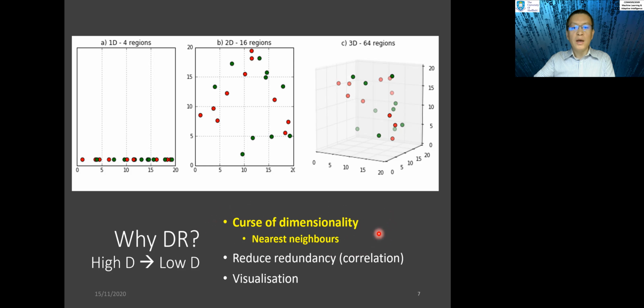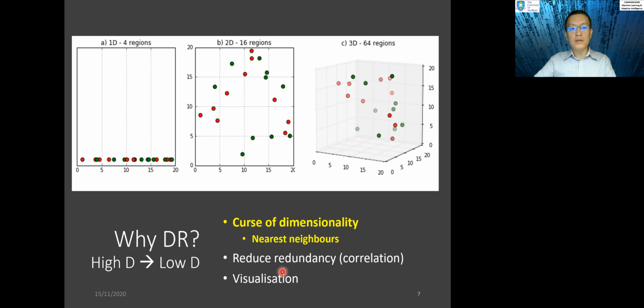Another reason is in real data, we often have redundancy. That is, there are repeated or redundant information in our data, and we would like to reduce the redundancy or reduce the correlations between data points.